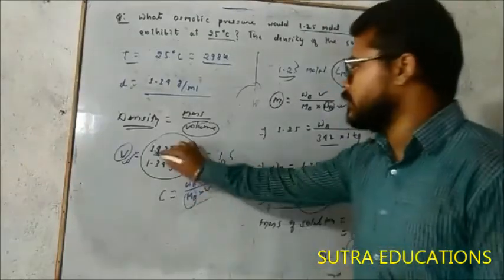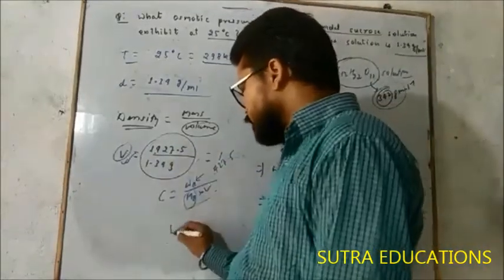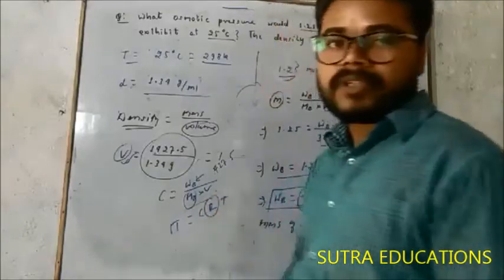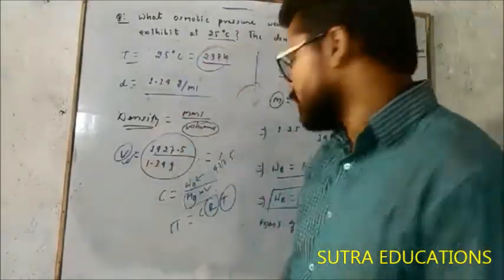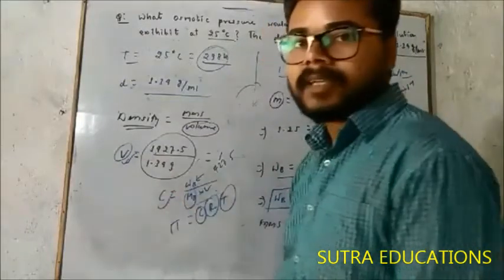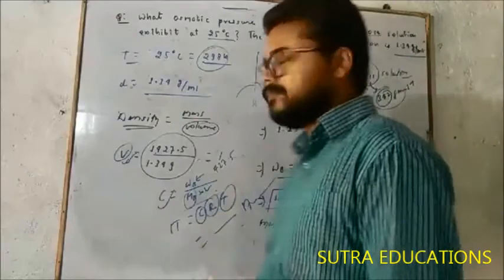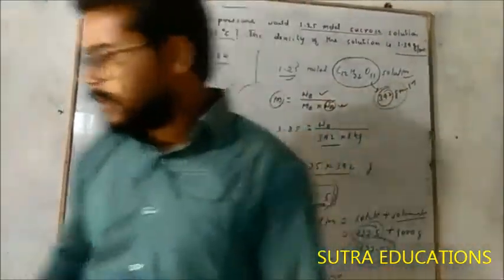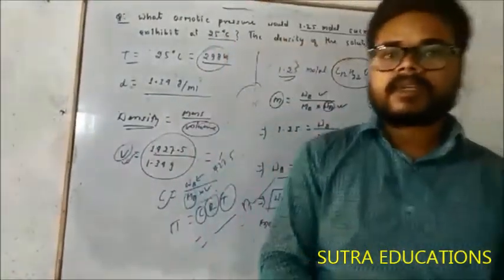So from this we will get C. Once we get C, we know pi is equal to CRT. R you know, 0.0821. T you know, it is given, 298 Kelvin. C you have calculated. Just put these values here and you will get your answer. Okay. So in this way we have finished this chapter. Okay. Thank you.